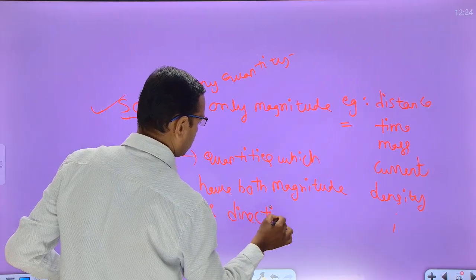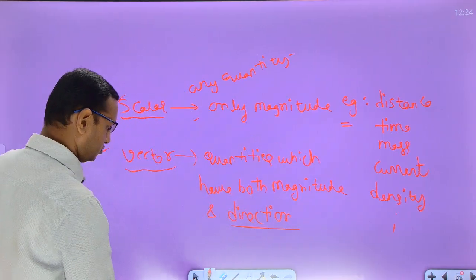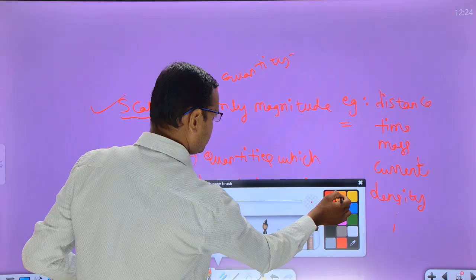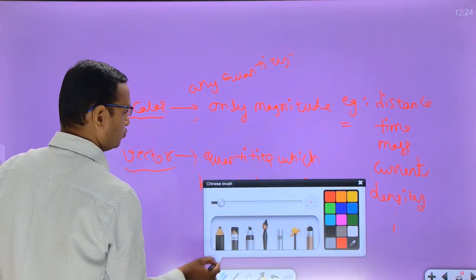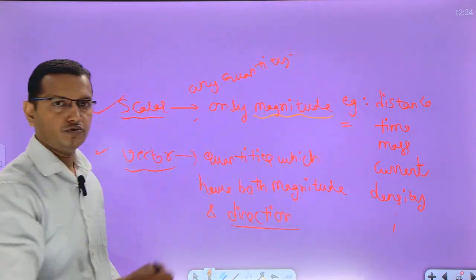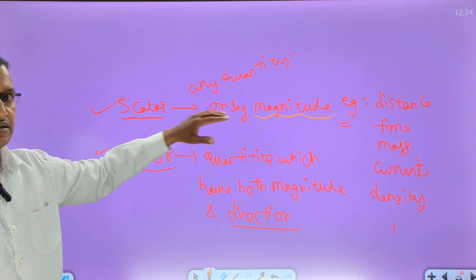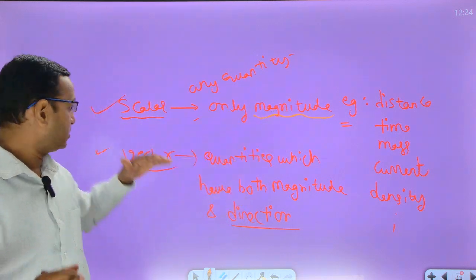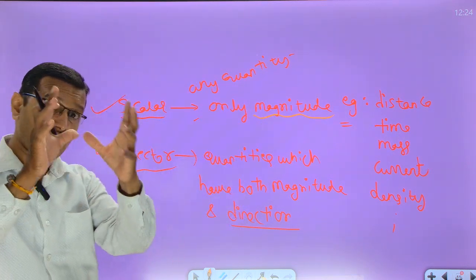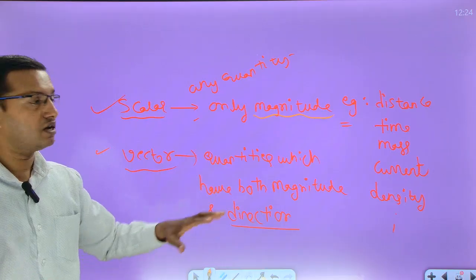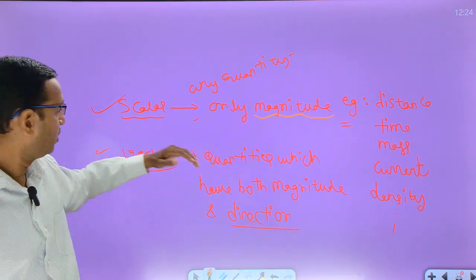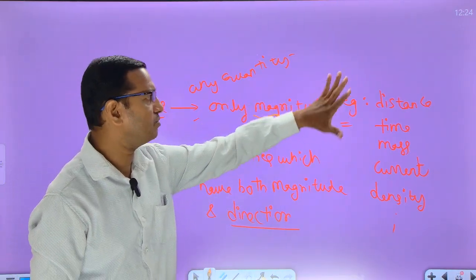If the quantity has only magnitude, it is a scalar. When I say magnitude, obviously, whether scalars or vectors, they will have units. Without units, we can't describe anything in physics. So a scalar has some magnitude and some units.